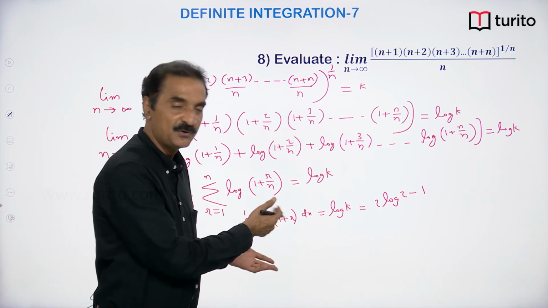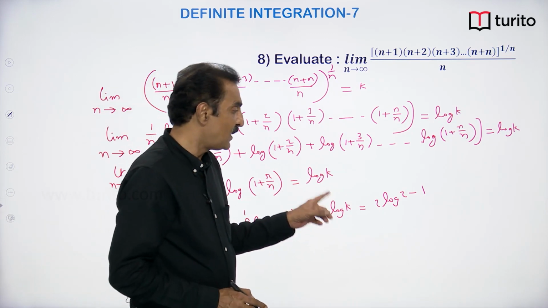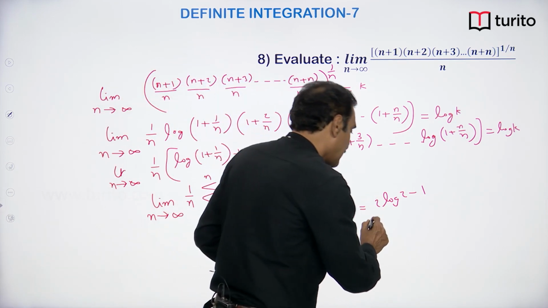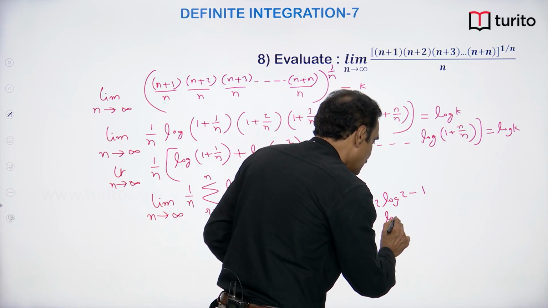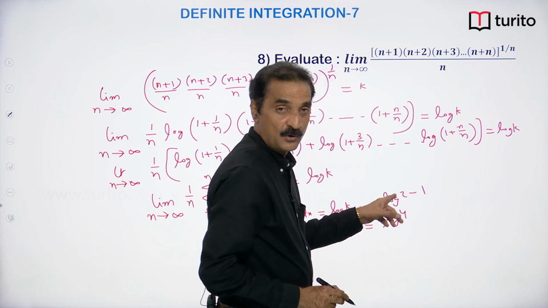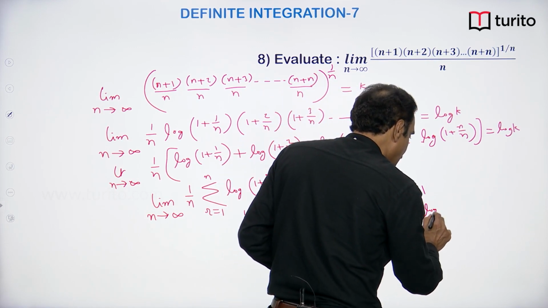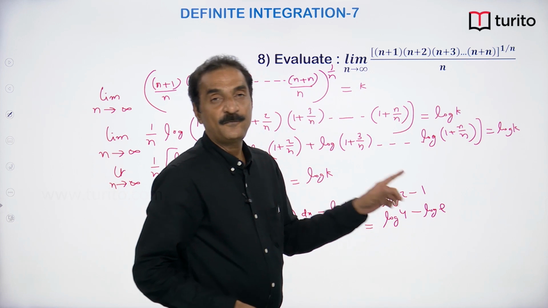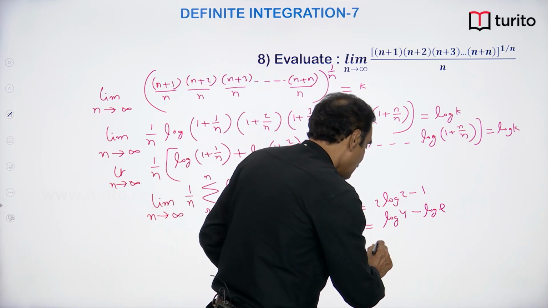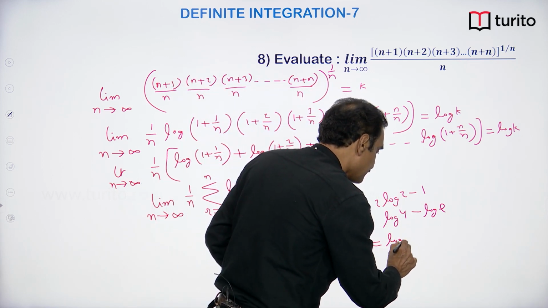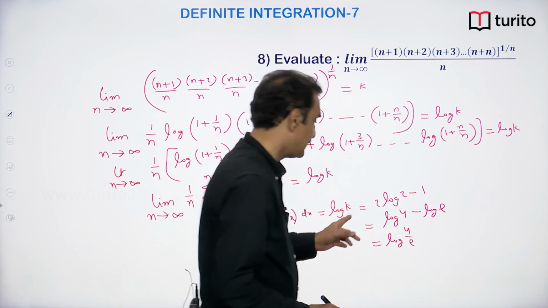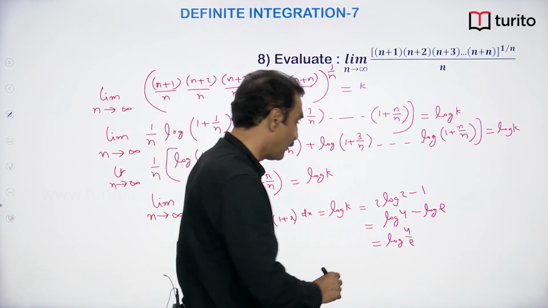The integration part you complete. Then what is the value of k? You can write this as log 4. 2 log 2 is log 4 and 1 can be written as log e. Log 4 minus log e will be log 4 by e. Therefore, what is the value of k? 4 by e.